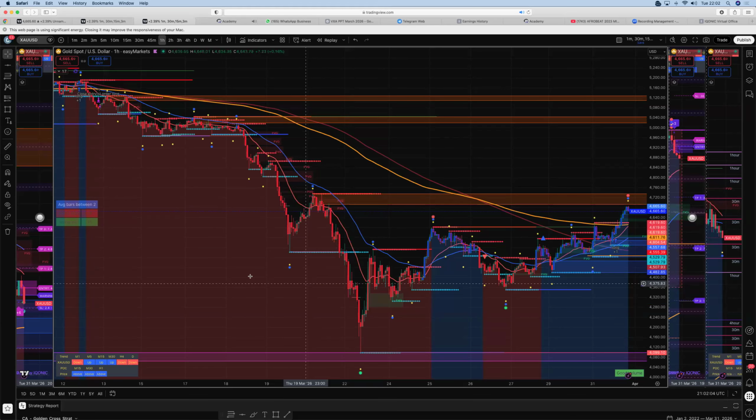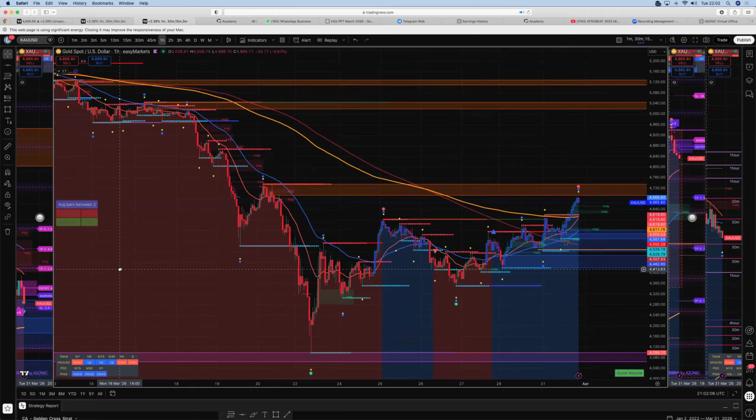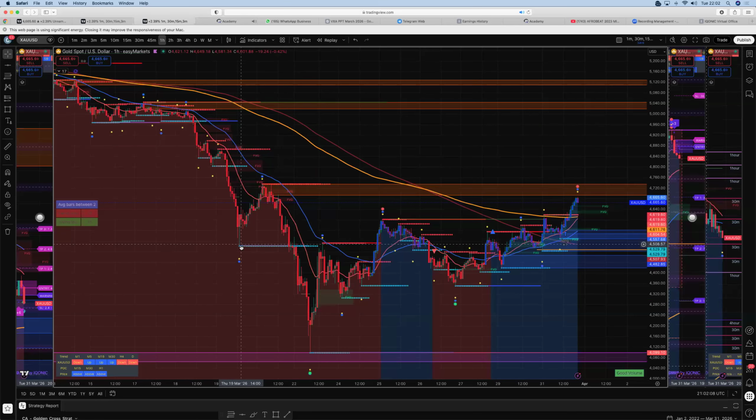So for example, you can see here, it bounced off this zone here, came back, dropped, came back, dropped, came back, went up, came back down, dropped. You see? So you could look in these certain zones right here and see that market has been here many, many times. But obviously, this hasn't long happened.